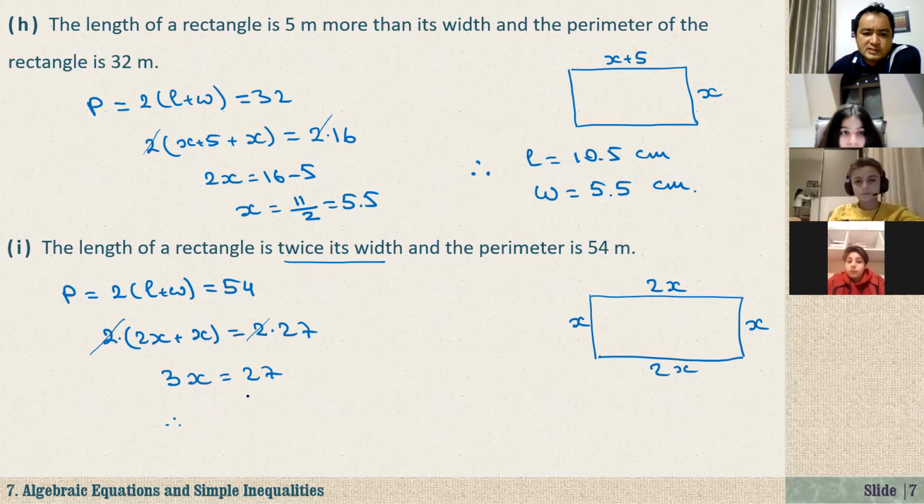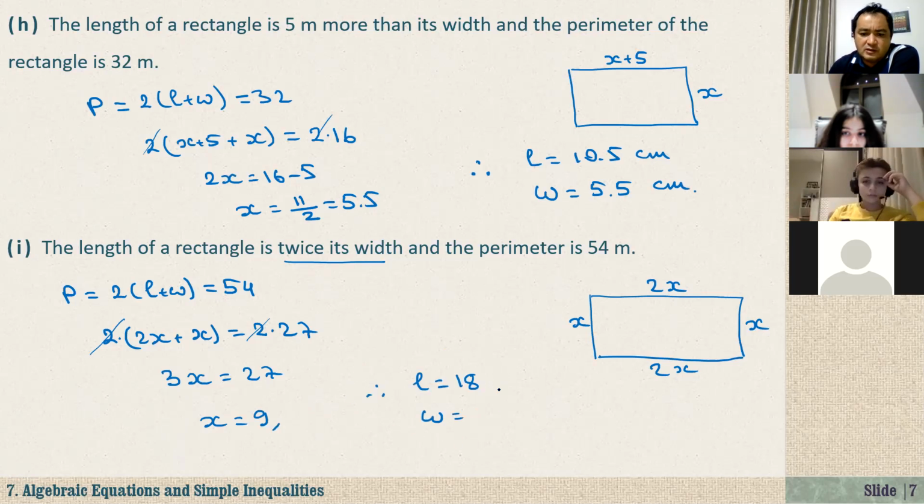What is x? X equals 9. Sorry, that's not the final answer. X equals 9. So if you have to find the length and width, length will be 18 centimeters. Width will be 9 centimeters. These are the dimensions of this rectangle.